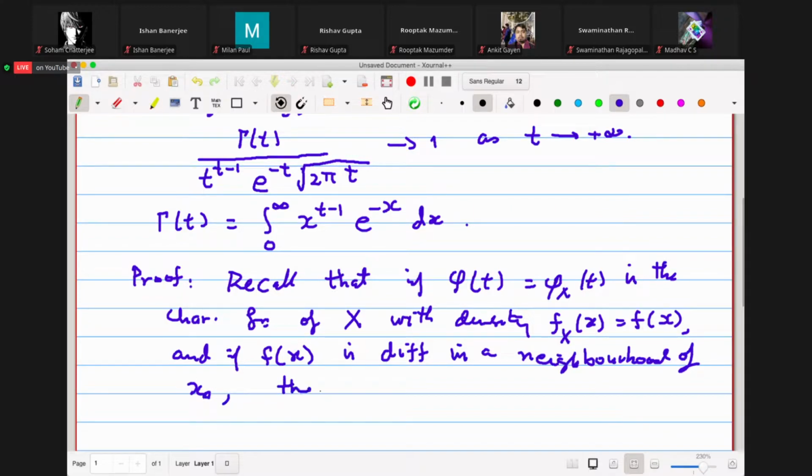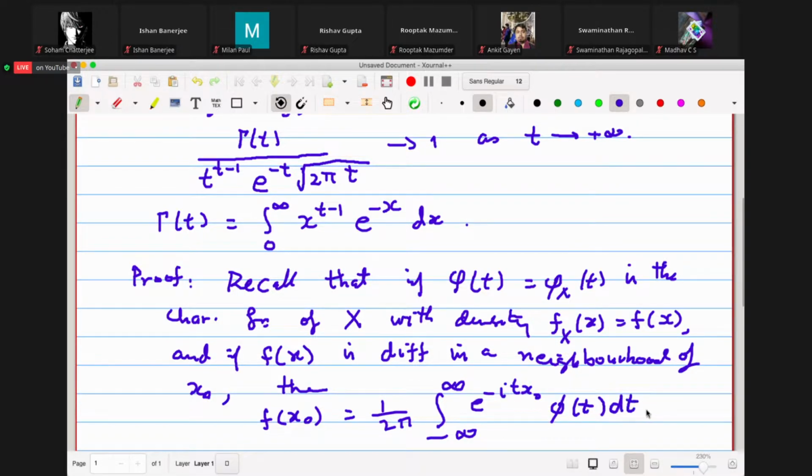Then you can obtain a formula for f of x naught, which is equal to 1 by 2 pi times the integral from minus infinity to plus infinity of e power minus i t x naught phi of t dt.